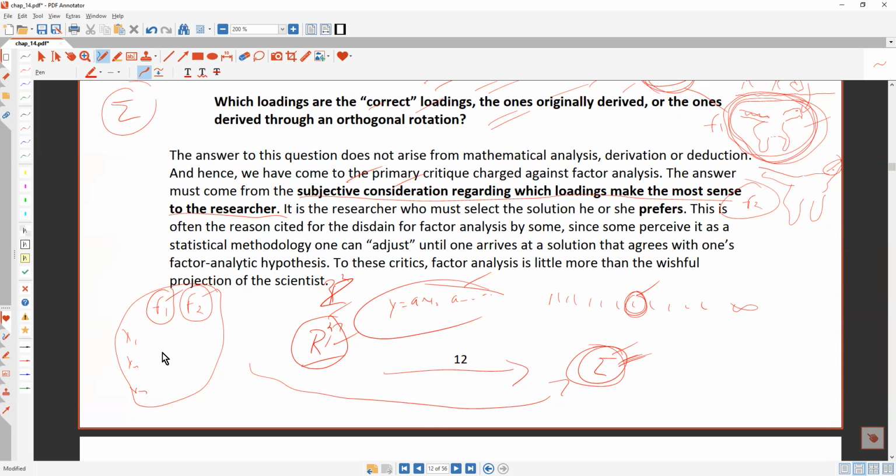So when someone says, I found an IQ factor, they have not found evidence for there being an IQ factor. What they found was evidence for a factor which they decided to name IQ. So there are differences, and we've got to unpack that a little bit more as well.